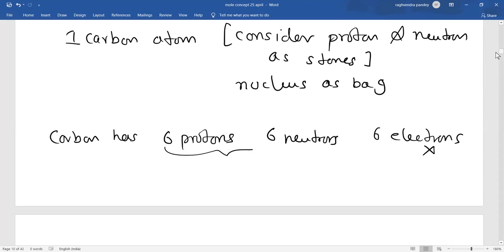Only protons and neutrons are considered. Now, I am just talking about one carbon atom. So we have 6 protons and 6 neutrons in the nucleus, and electrons outside. So for the mass consideration, we are not taking the electrons.